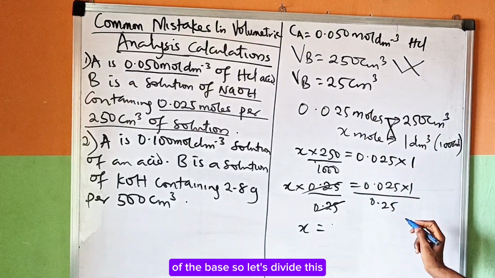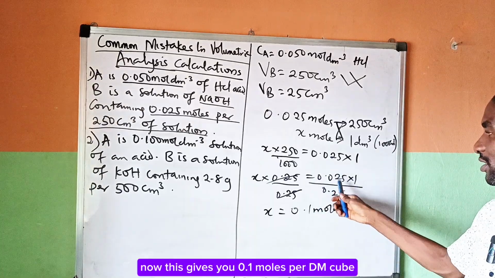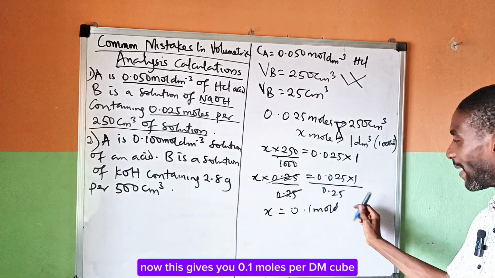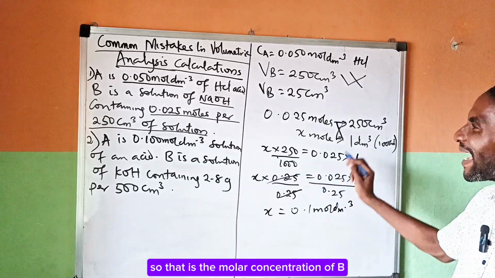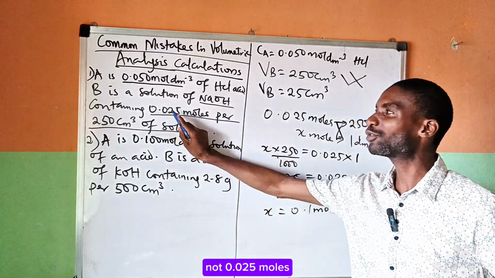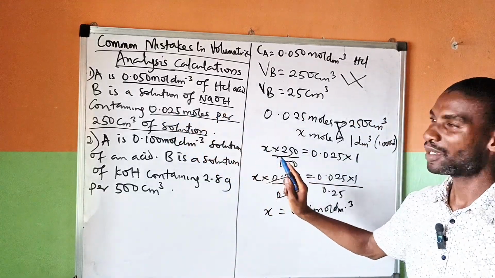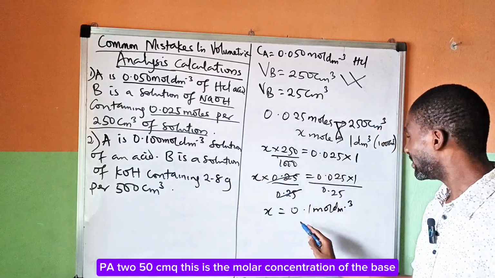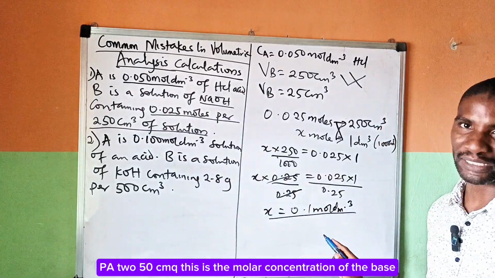When you do this division, this gives you 0.1 moles per dm³. So that is the molar concentration of B, not 0.025 moles per 250 cm³. This is the molar concentration of the base.